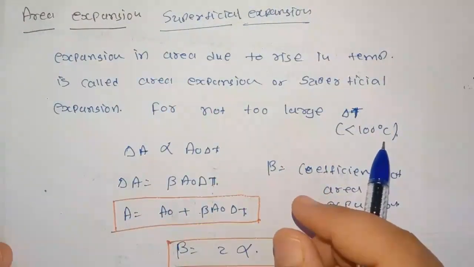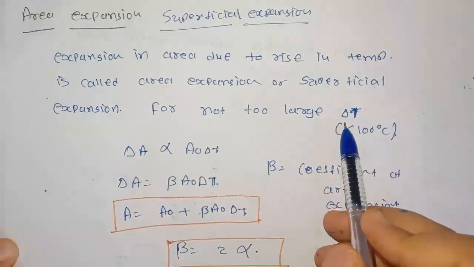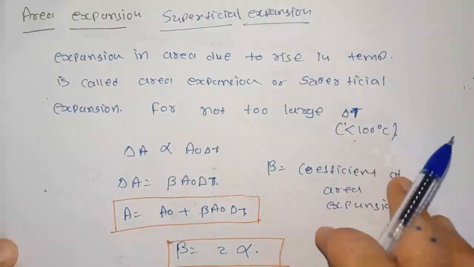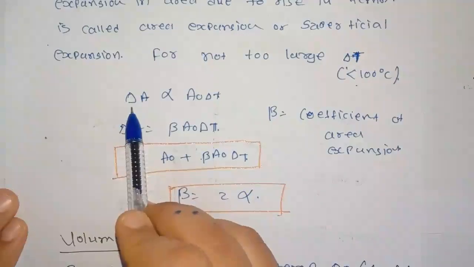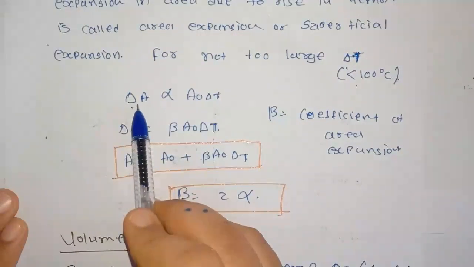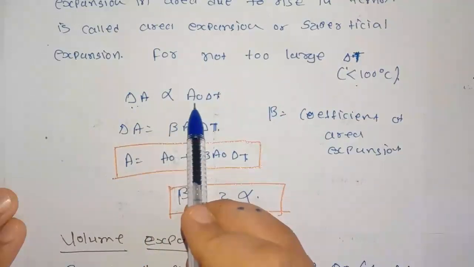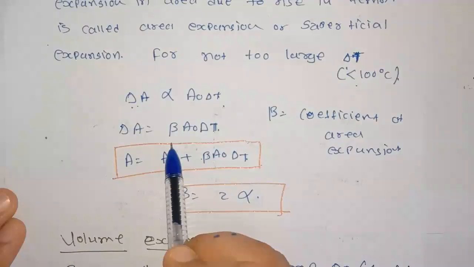Experiment shows that if delta T is not too large, again less than 100 degrees Celsius, then the increase in area, that is delta A, is directly proportional to A0 delta T. Here the proportionality constant is beta.